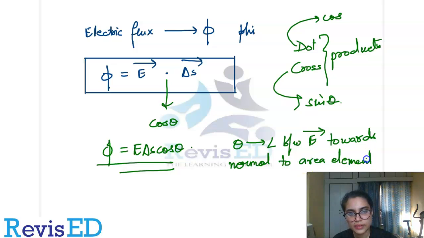Actually we can say that phi is E times the projection of the area element, and this is the exact definition of your electric flux.